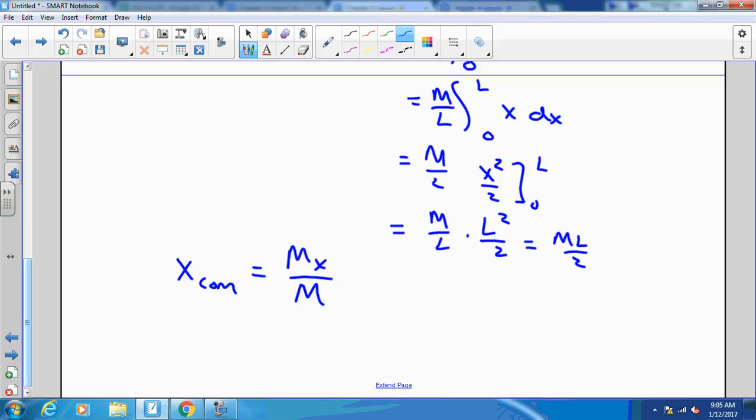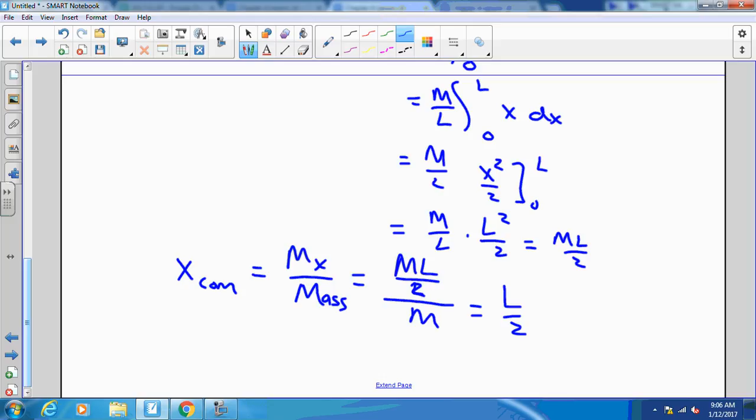And now, the center of mass is moment divided by total mass, which is equal to mL over 2 divided by mass, which gives me L over 2. Interesting. I think we need to see it a couple more times before we're comfortable.